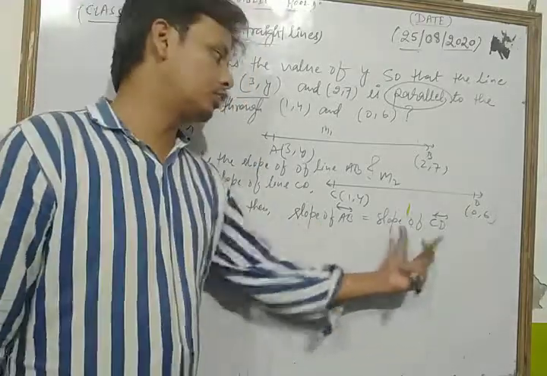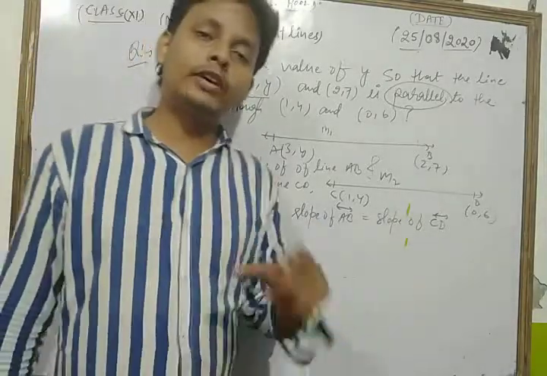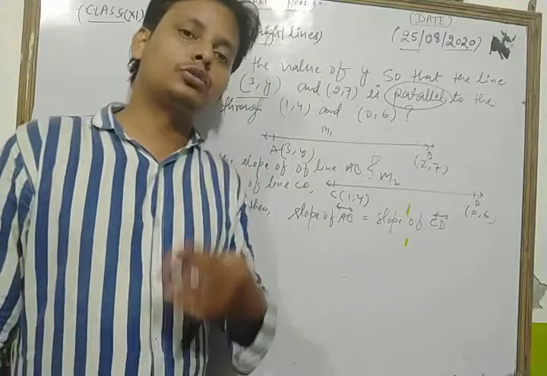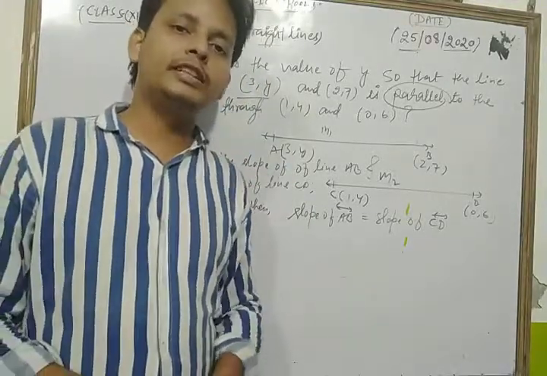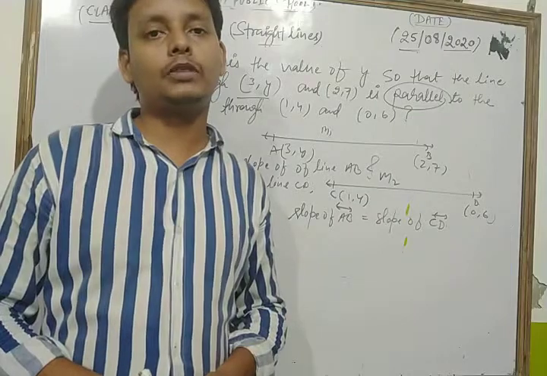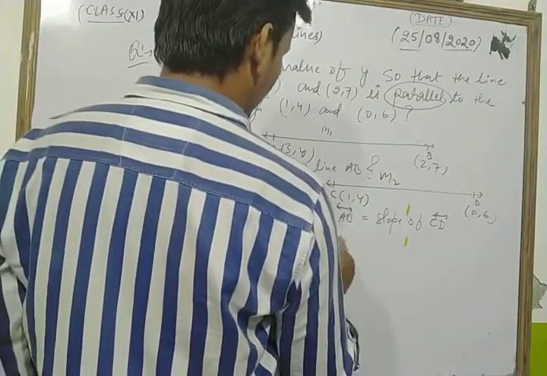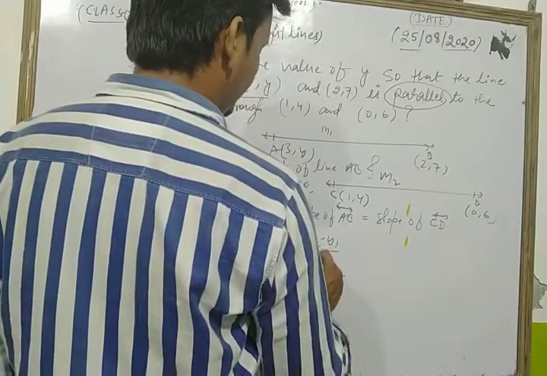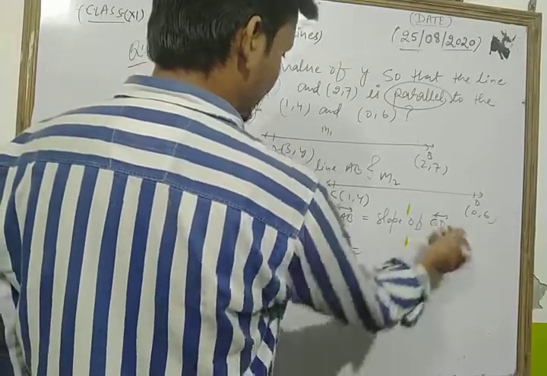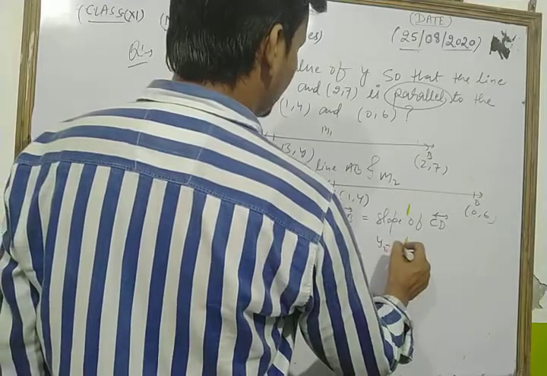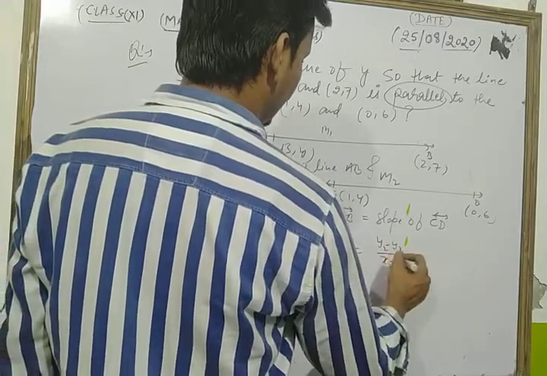So the slope of AB is equal to the slope of CD, and you know that when a line passes through two given points, the slope is y2 minus y1 upon x2 minus x1. So for line AB we use y2 minus y1 upon x2 minus x1, and for line CD again we use y2 minus y1 upon x2 minus x1.